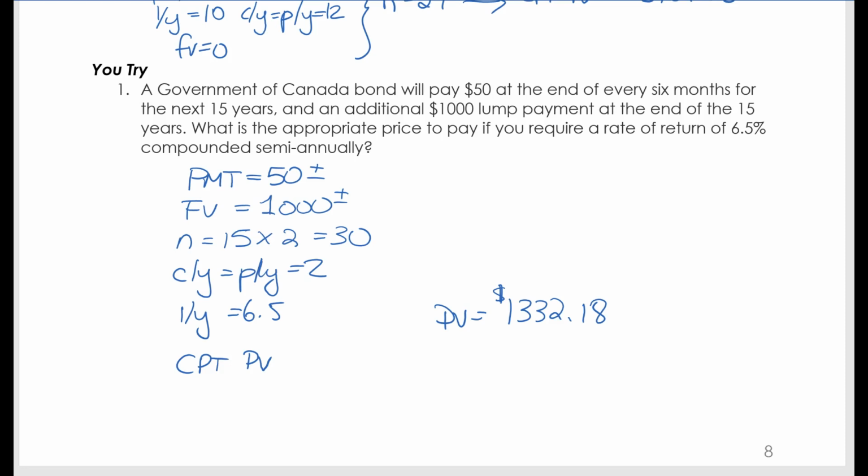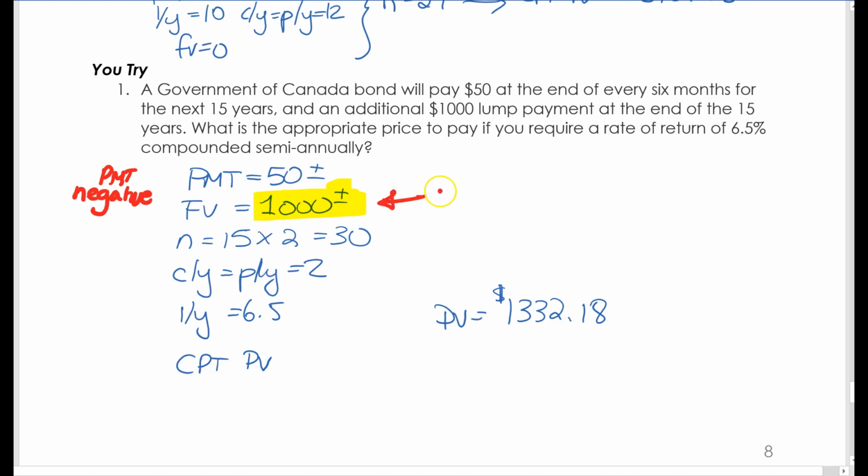The thing you want to notice right here is the future value. What we're talking about is payments going out at $50, so we made sure that payment went in as a negative. Since the payments are going out, but also this future value is a lump sum payment going out, make sure you make that negative as well.